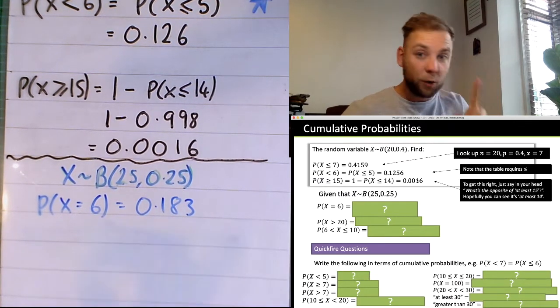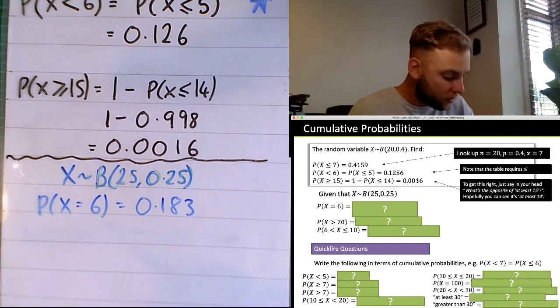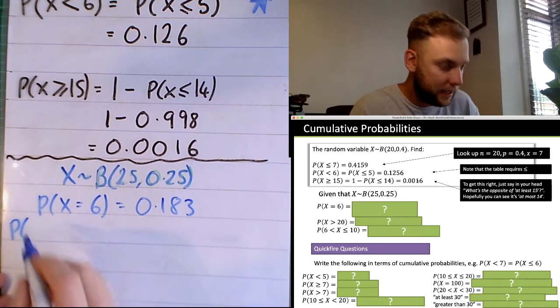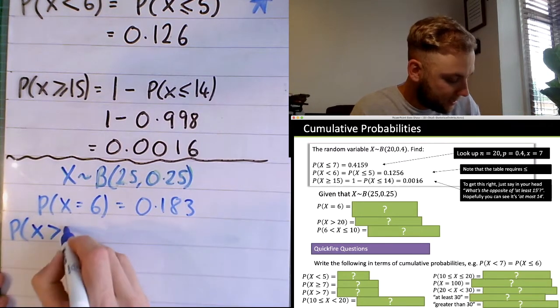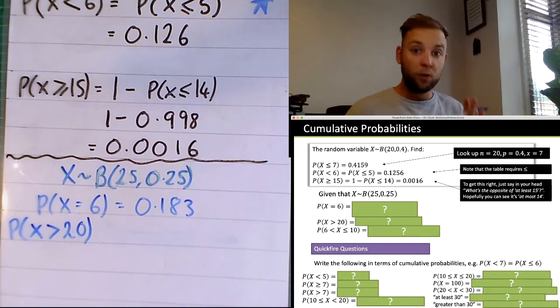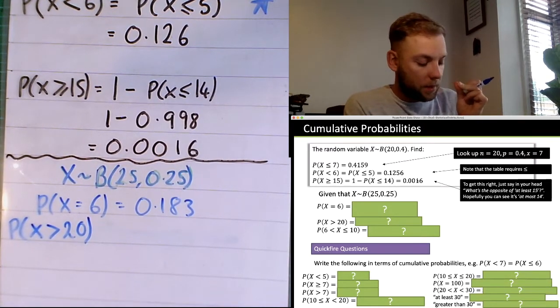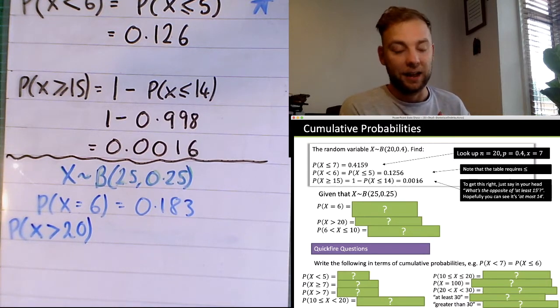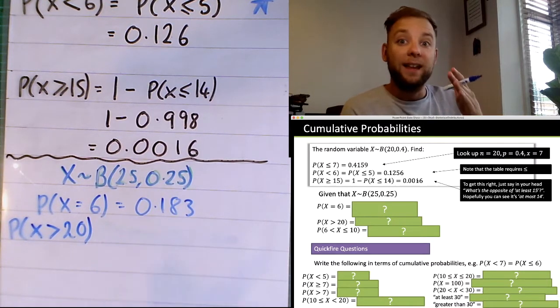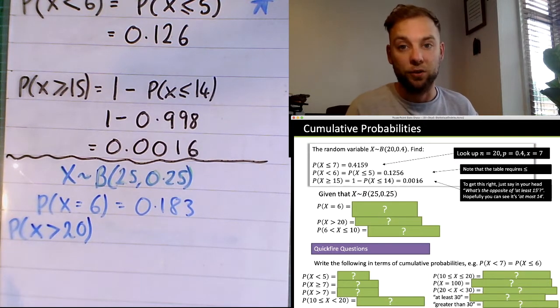So let's have a look at this next one then. Now there's actually quite a few steps in this one. So we want to find out the probability that x is greater than 20. Now remember, this is discrete data, and we want to deal with things which are less than or equal to, because our calculator deals with less than or equal to as well.